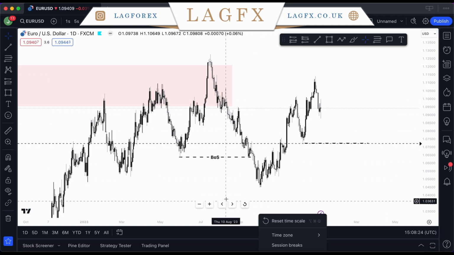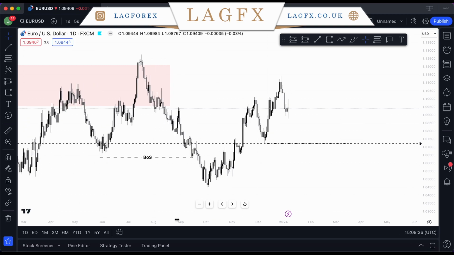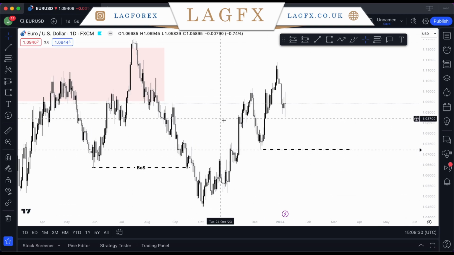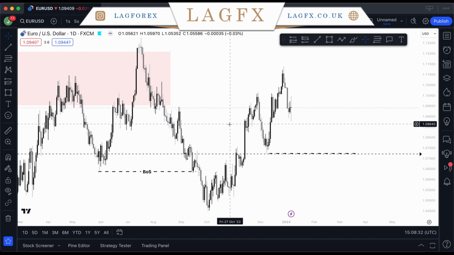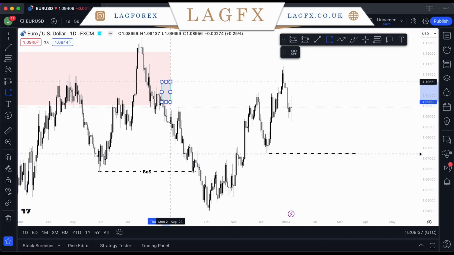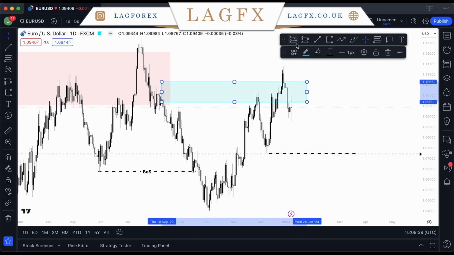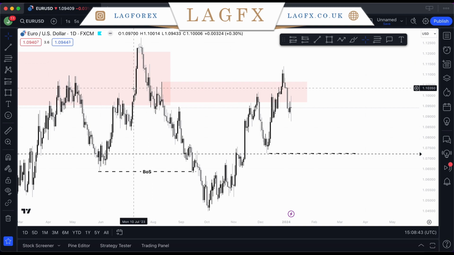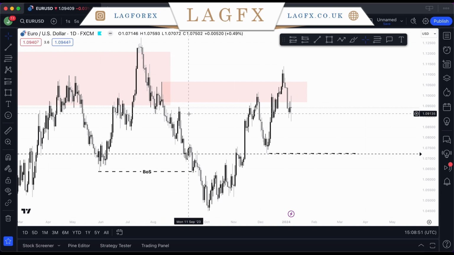But what I would probably have done, looking inside of this move that broke structure, is try to identify supply zones. I would have said, right, we have a buy candle here, which could represent a supply zone. That one there's already been tapped. So I would be seeing this as the zone.